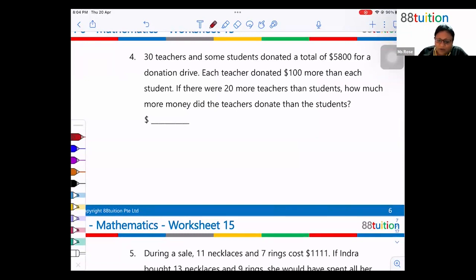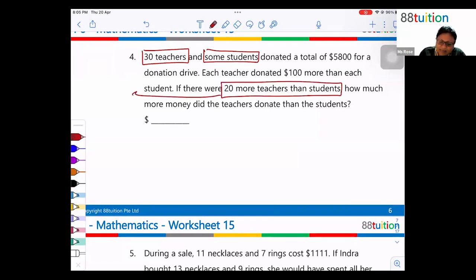This means 30 teachers and some students. I do not know how many students there are, but I know there are 30 teachers. And there were 20 more teachers than students. So the number of teachers is 20 more than the number of students.